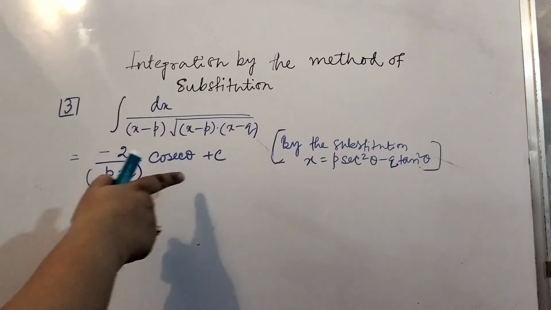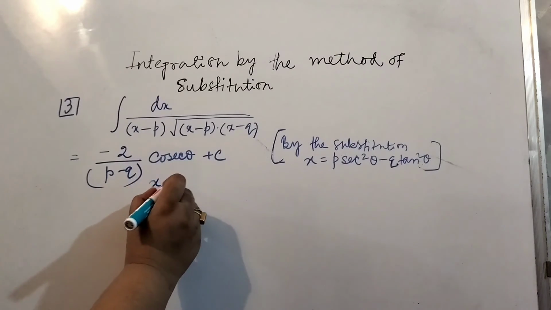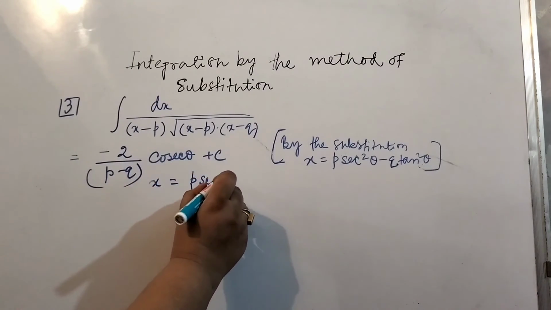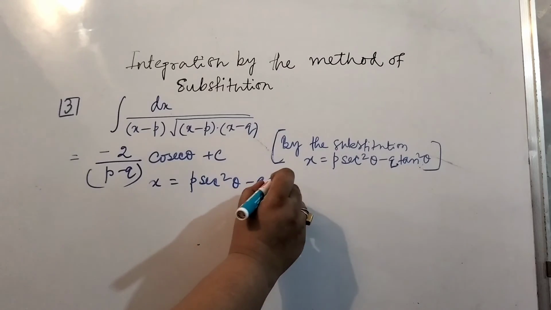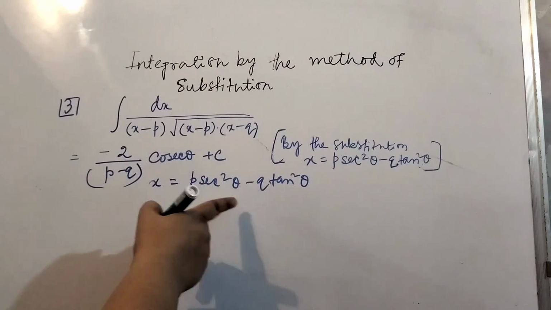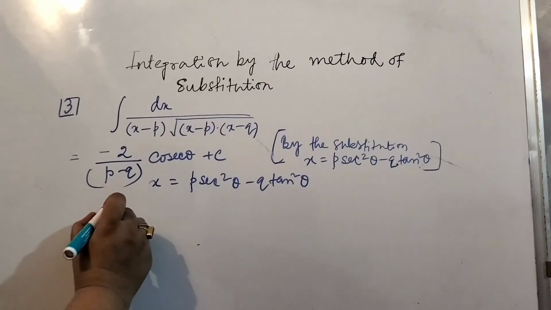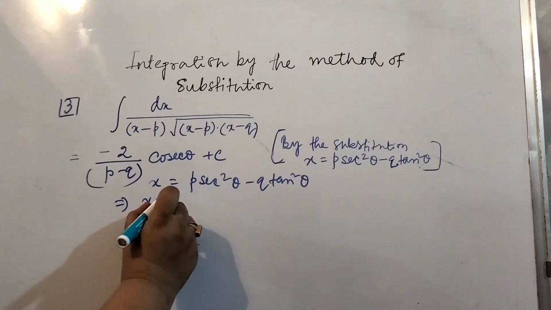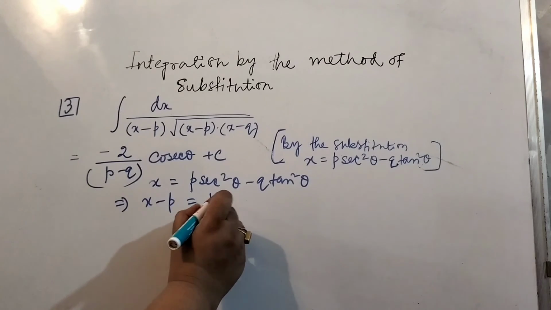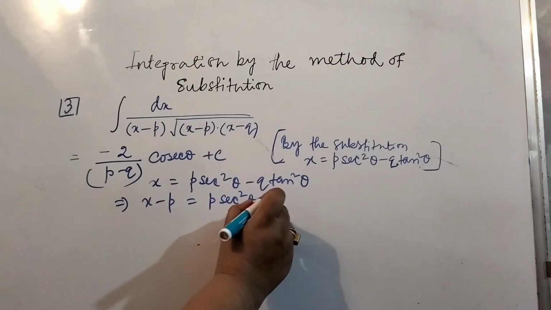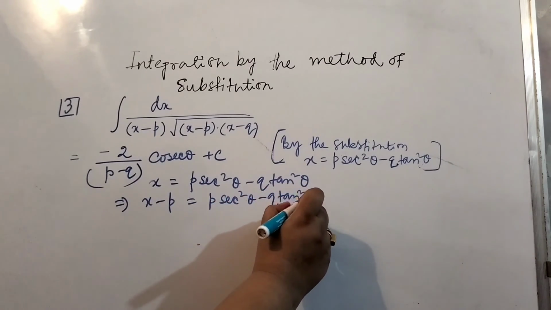Now look students, we have x equals to p sec squared theta minus q tan squared theta, right? So from this we have to represent this cosec theta in terms of x. So here we get x minus p is equals to p sec squared theta minus q tan squared theta minus p.